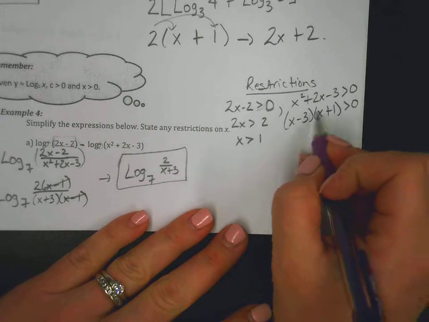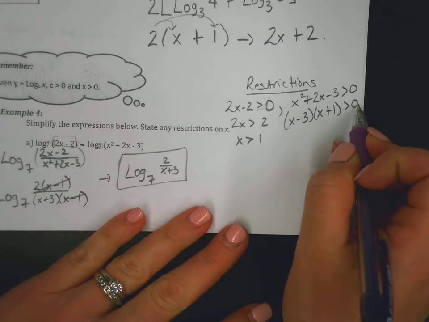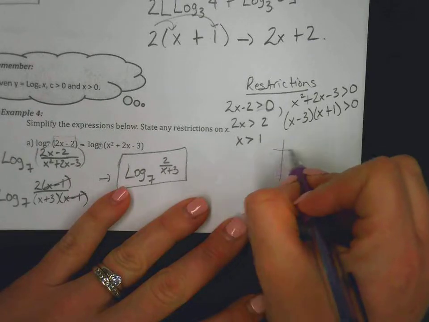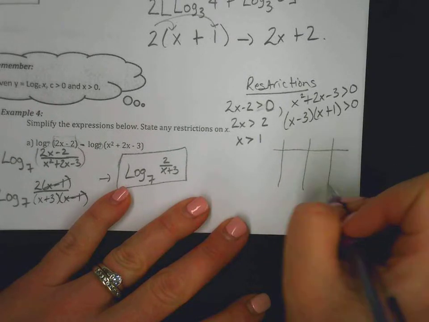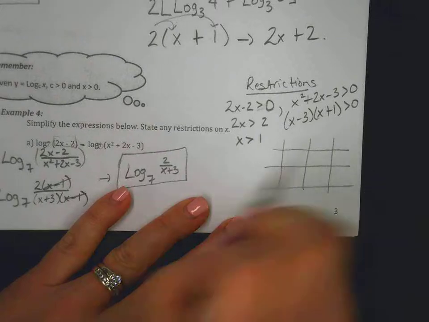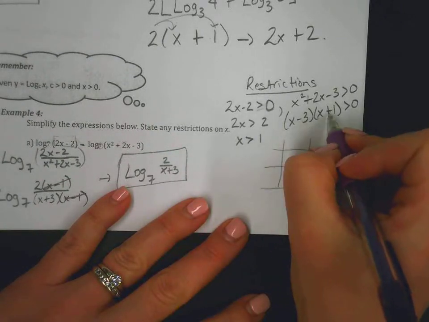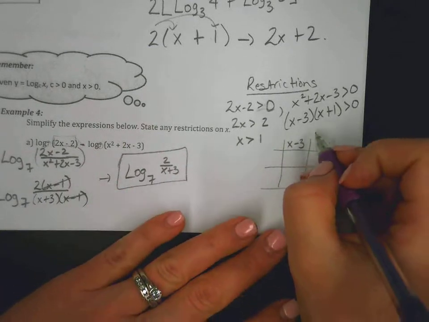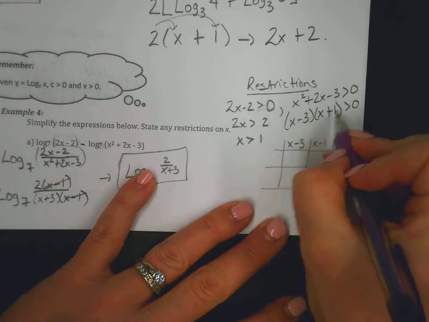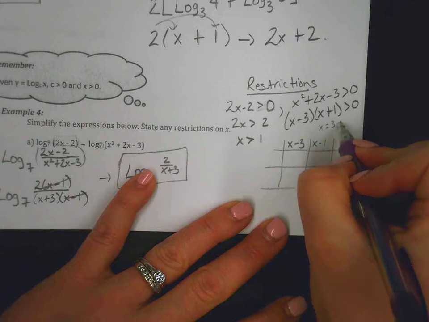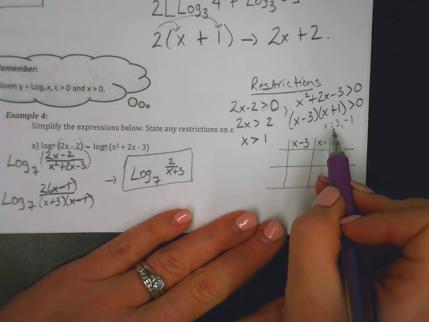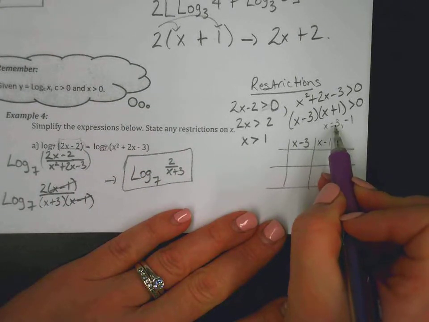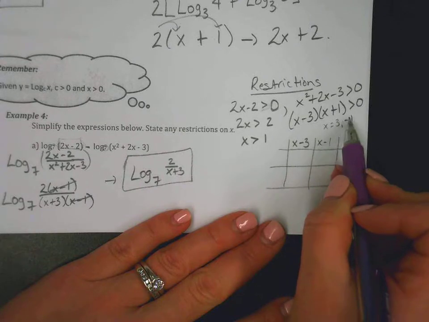And how do you solve a quadratic inequality? Well, we want to set up what we call an interval chart. The factors of this would be x minus 3 and, if I were to solve this for x, I'd get a 3 and a negative 1. So I want to test all the intervals outlined by these values.